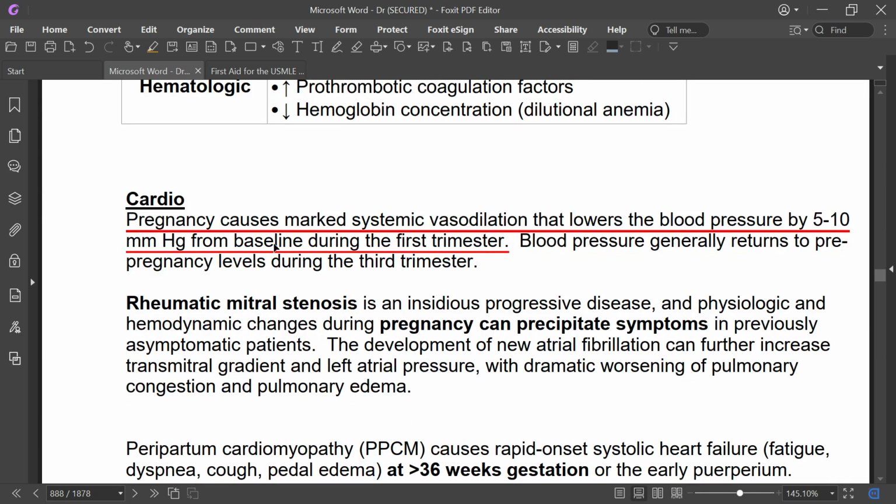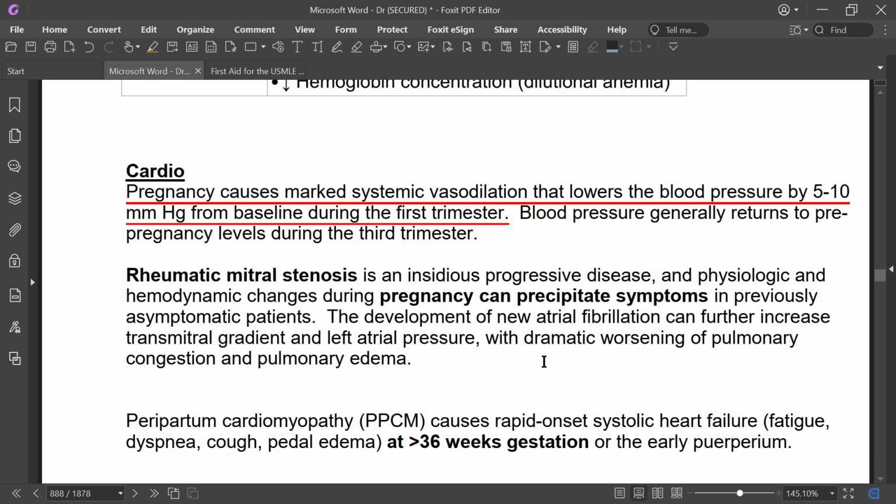Rheumatic mitral stenosis is an insidious progressive disease, and physiologic hemodynamic changes during pregnancy can precipitate symptoms in previously asymptomatic patients. New AFib can further increase the transmitral gradient and left atrial pressure with worsening of congestion and pulmonary edema.